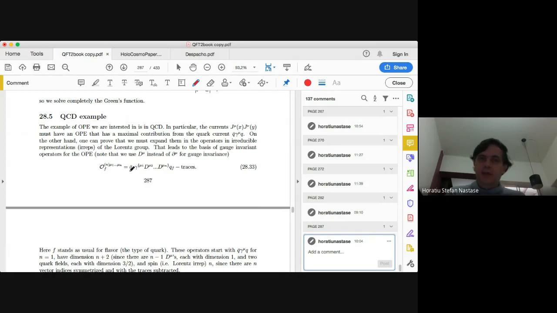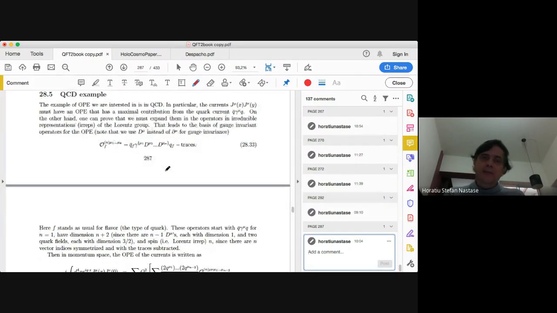So for the OPE of these two currents, it must be this operator O_F of nth order with indices mu1 to mu_n, which is Q bar gamma mu1 Q, where F is some flavor of quark. But then inside, together with the gamma mu, I also insert covariant derivatives D mu2 up to D mu n.